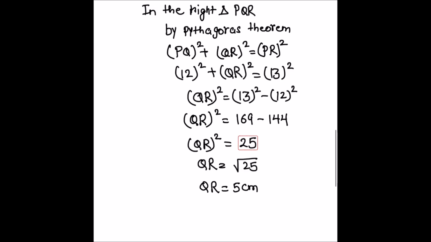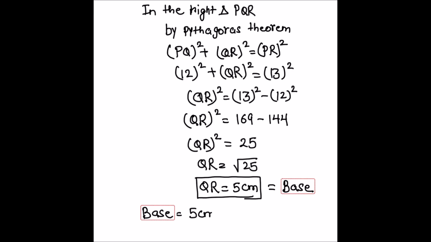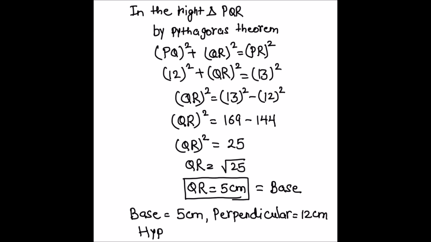So this is 5 centimeter. This is also the base of the triangle. So now we have base as 5 centimeter, perpendicular or height as 12 centimeters, hypotenuse is 13 centimeters.